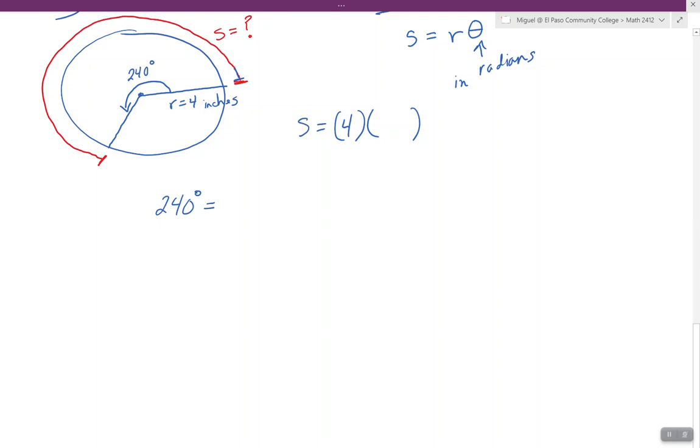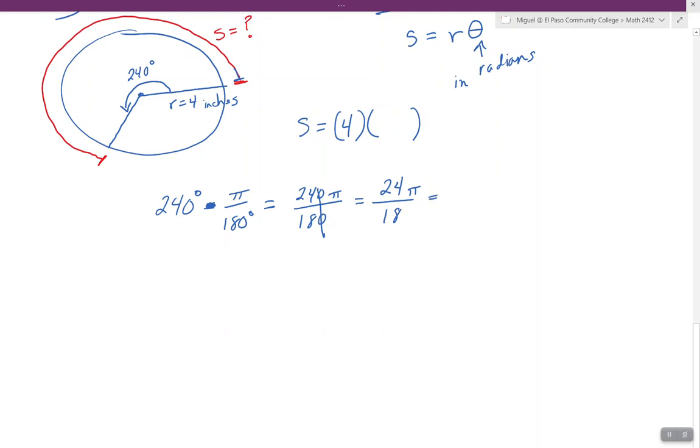So convert this to radians. We multiply by pi over 180 degrees. So we got 240 pi over 180. Then start reducing.